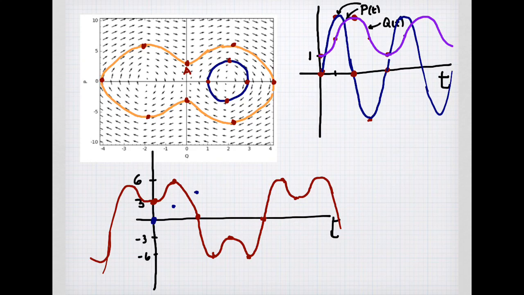And then back to 2. So where are we now? We're at this point. Q was 2. P was -6. And then I go to negative, what did I decide that was? Oh, back to 0, I guess.